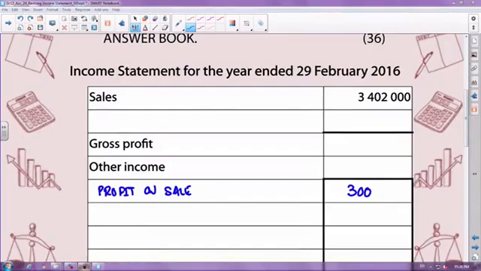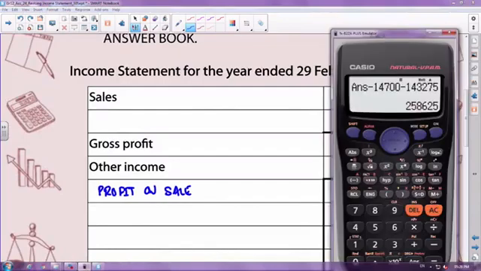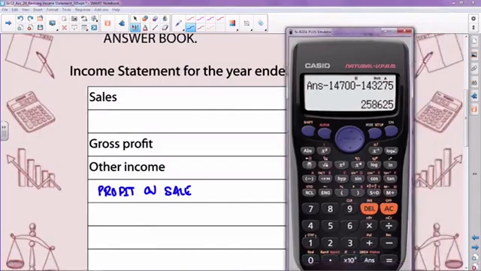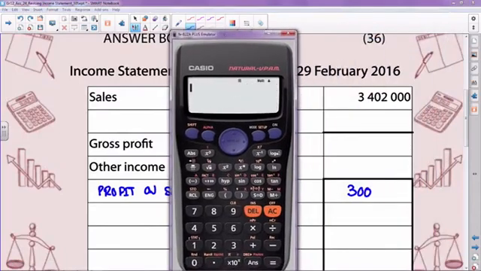So we've got 3,402,123 minus the 27,000 Rand. Obviously, we've got to treat the 27,000 Rand separately. That will be equal to 3,375,000 Rand. So those goods were sold at the normal markup of 50% on cost.